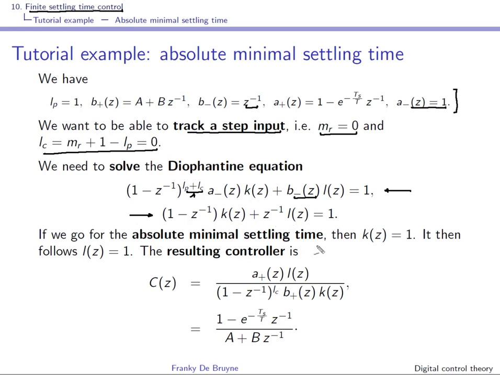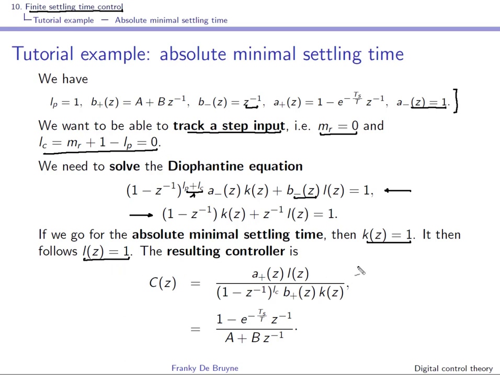So what we'll do is go for the absolute minimal settling time. We'll take another K later to see what happens. But if you plug K is equal to 1 in here, it's very simple to obtain a solution of this Diophantine equation. It's simply LZ is equal to 1.